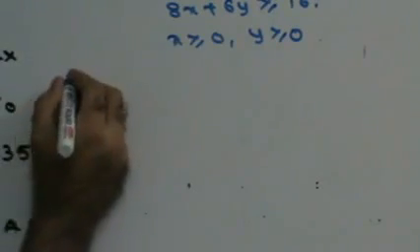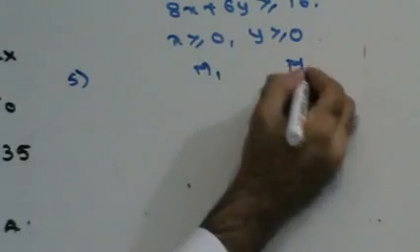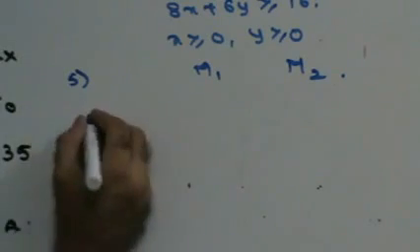A company produces two models, M1 and M2. Model M1 requires 4 hours on grinding and 2 hours on polishing.